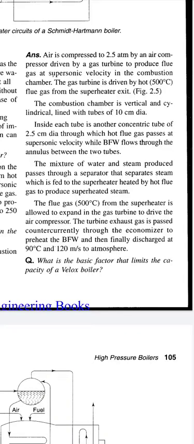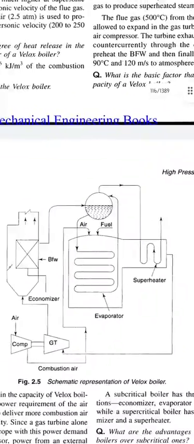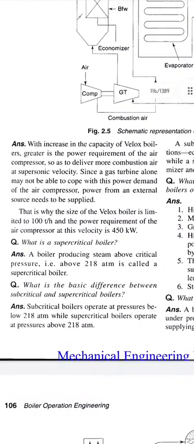Question, what is the basic factor that limits the capacity of the Velox boiler? Answer, with increases in the capacity of Velox boilers, there is greater power requirement of the air compressor, so as to deliver more combustion air at supersonic velocity.